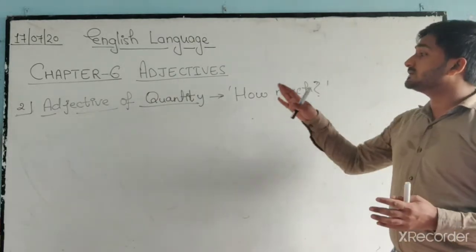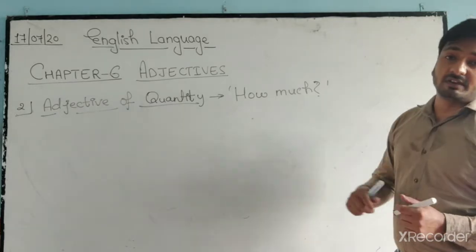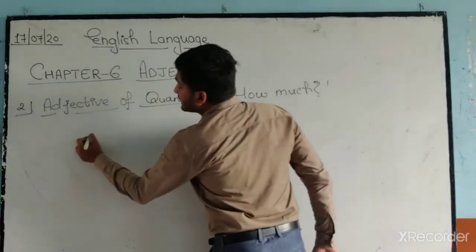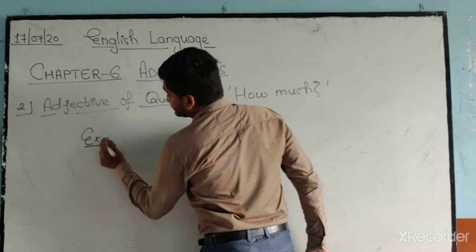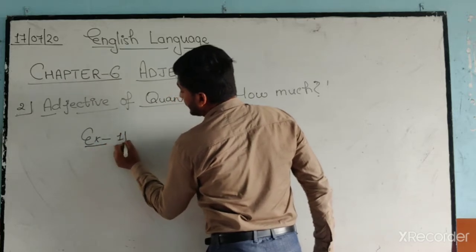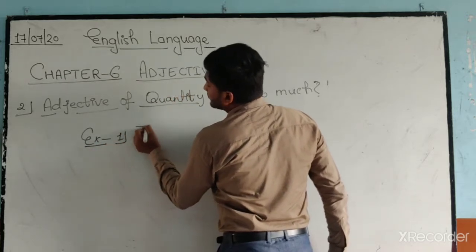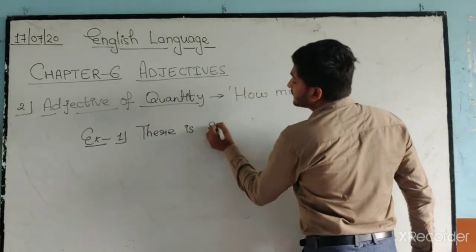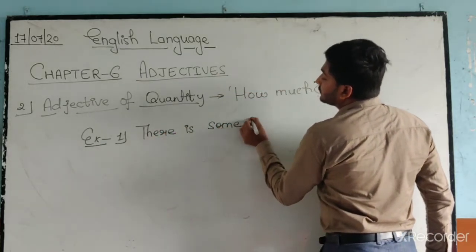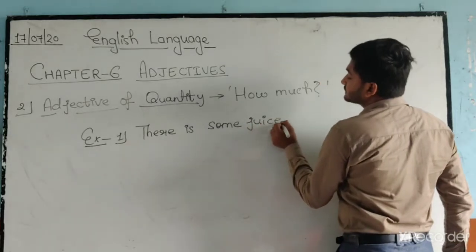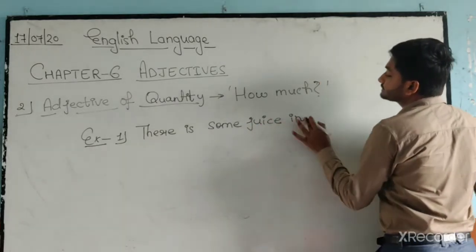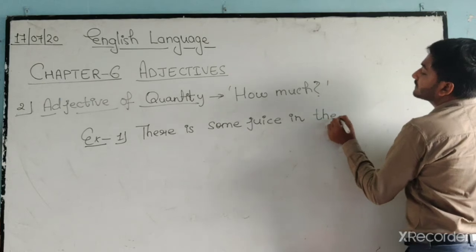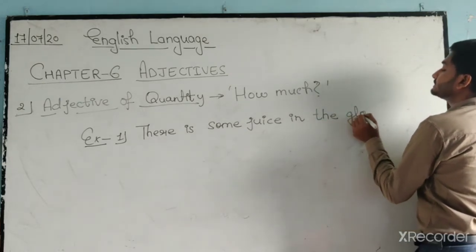For those things we use adjectives of quantity. Now look at these examples. Example number 1: there is some juice in the glass.